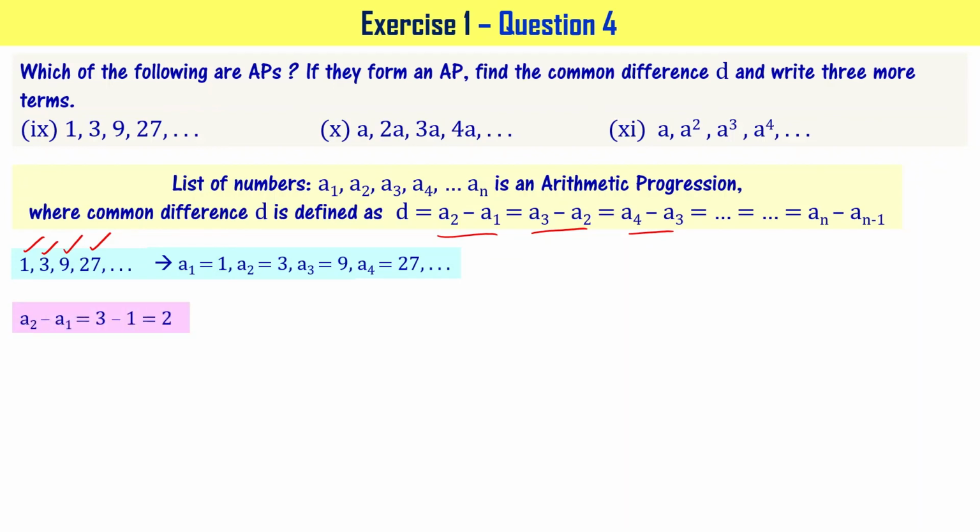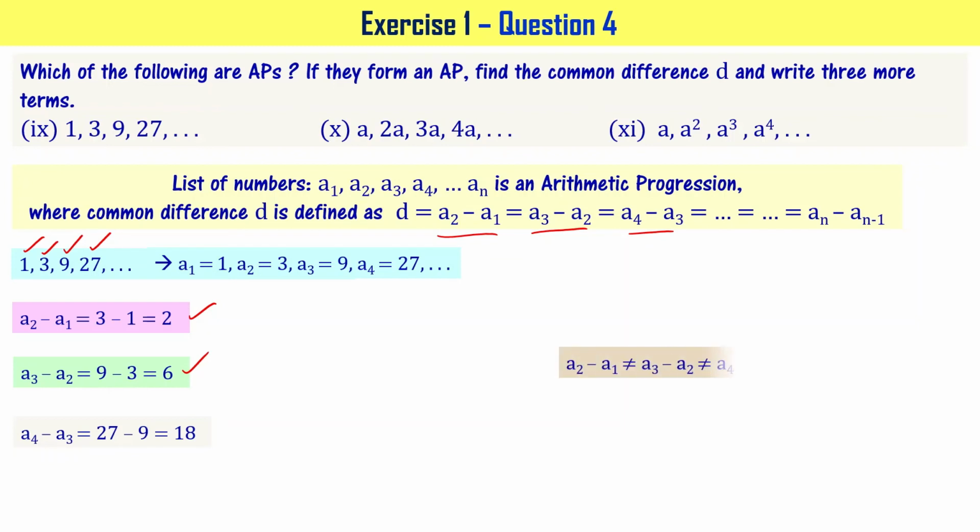Next, A3 minus A2 is 9 minus 3 equal to 6. So you are not getting a fixed number, right? Here you got 2, here you got 6. Let's find even A4 minus A3, that is 27 minus 9, that is equal to 18, right? When you look at these, you say that the difference between successive terms is not a fixed number, right? That's why the given list of numbers is not an arithmetic progression.